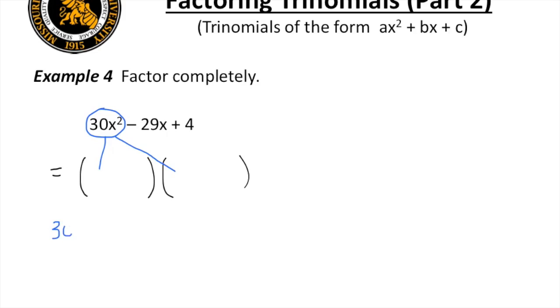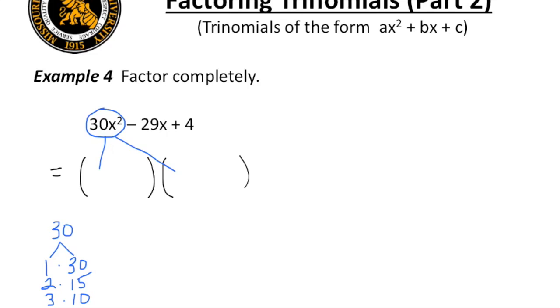Considering the number 30, it has several factor pairs. 1 times 30, 2 times 15, 3 times 10, and 5 times 6. Many options. But we have to start somewhere, so let's begin with the last factor pair involving 5 and 6.